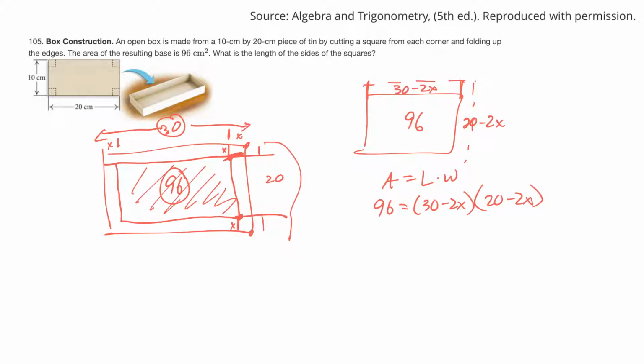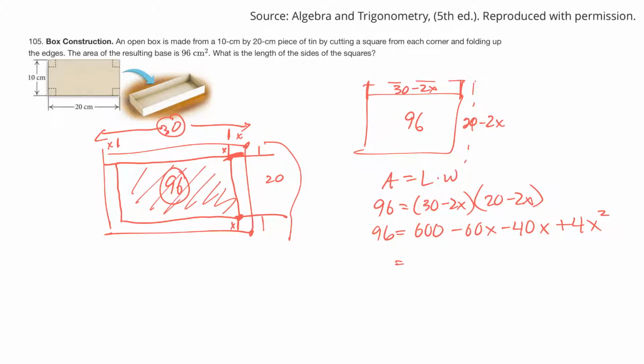Okay, so it's a quadratic. Let me FOIL the stuff on the right-hand side. So I'll have 600 minus 60x minus 40x. Hopefully that's right. Plus 4x squared is equal to 96. Okay, let's collect things.